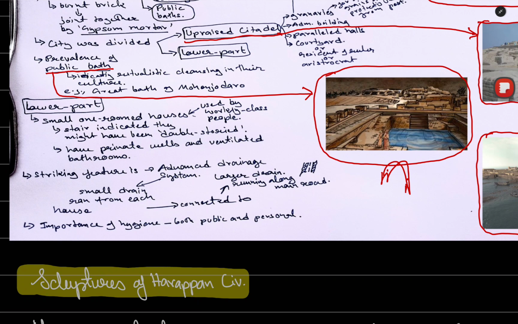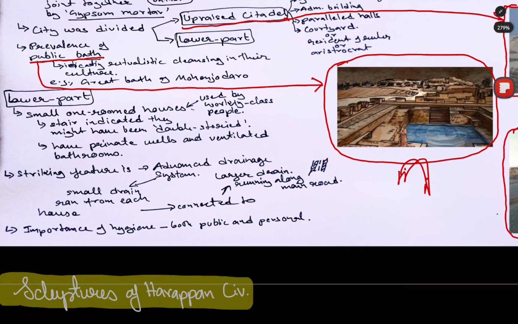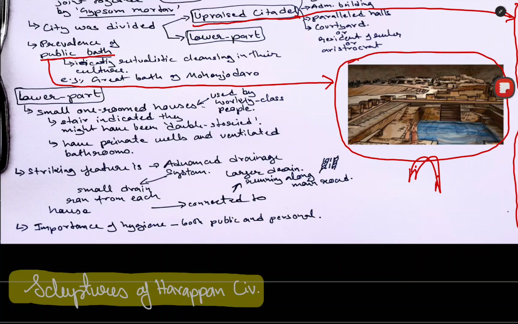Now, the most striking feature in the city was the advanced drainage system. Please note: advanced drainage system. In this system, small drains ran from each house, and these small drains were connected to the large drains running along the main road.